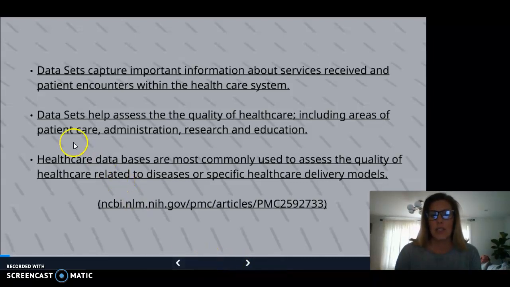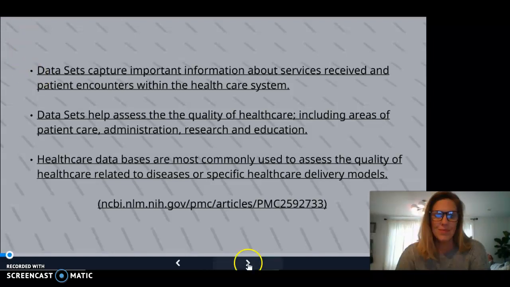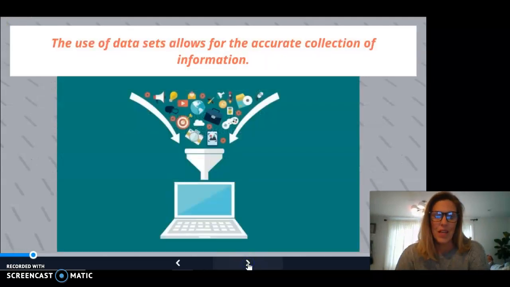Healthcare databases are most commonly used to assess the quality of healthcare related to diseases or specific healthcare delivery models. The use of data sets allows healthcare networks to collect accurate data and information.